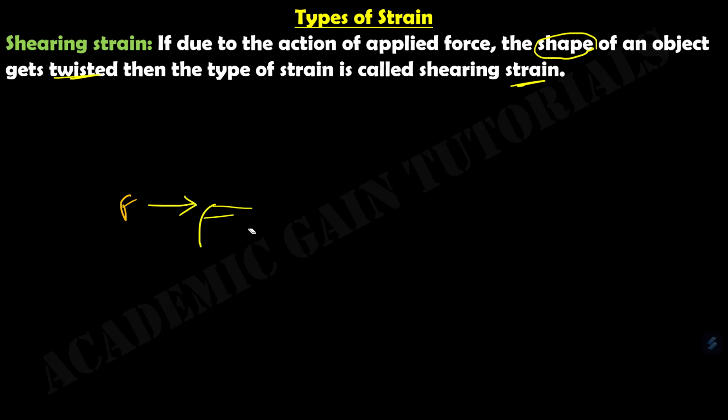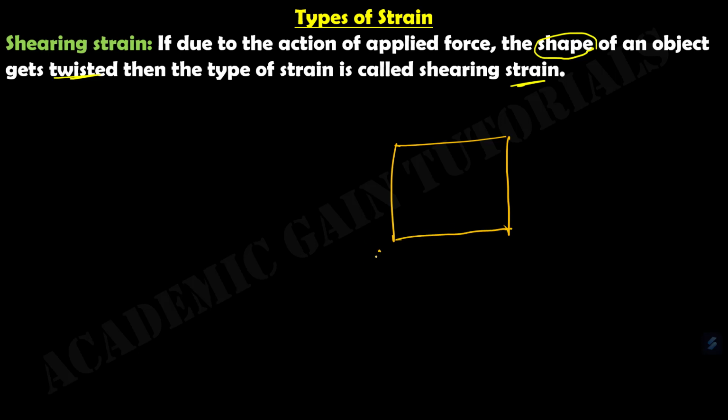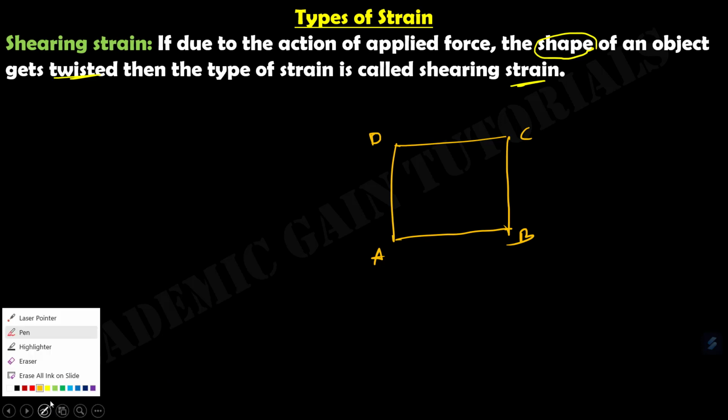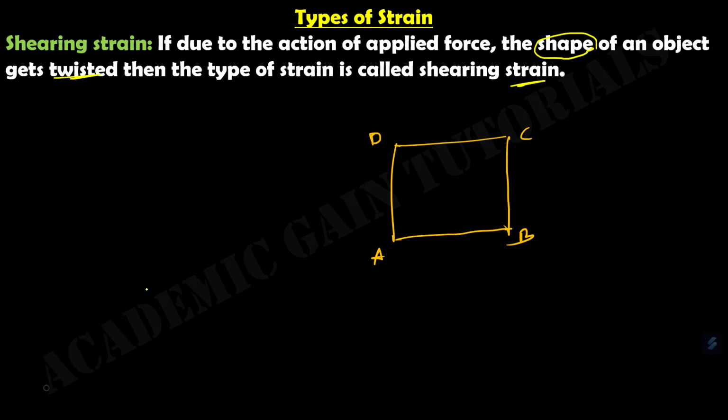Now suppose this is our original shape A, B, C, D. Okay, this is our original shape. Now if we put some pressure on this part, our shape will look like this.